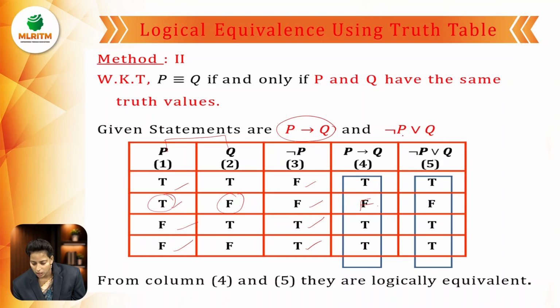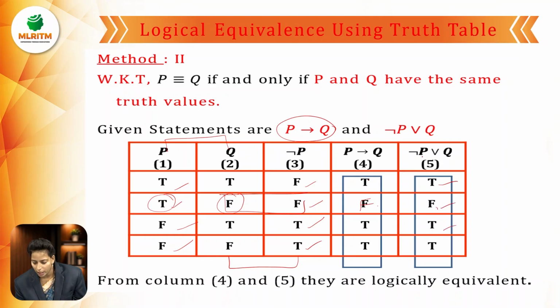Next, negation P or Q: apply the disjunction operator to negation P and Q. The disjunction truth table says if both are false, then the result is false. In the remaining cases, it is true.